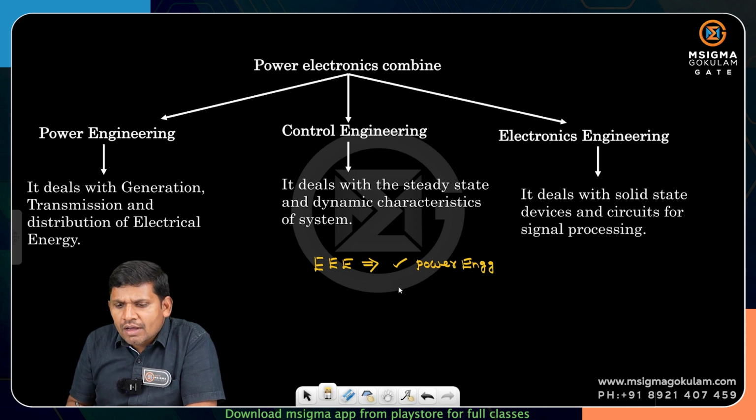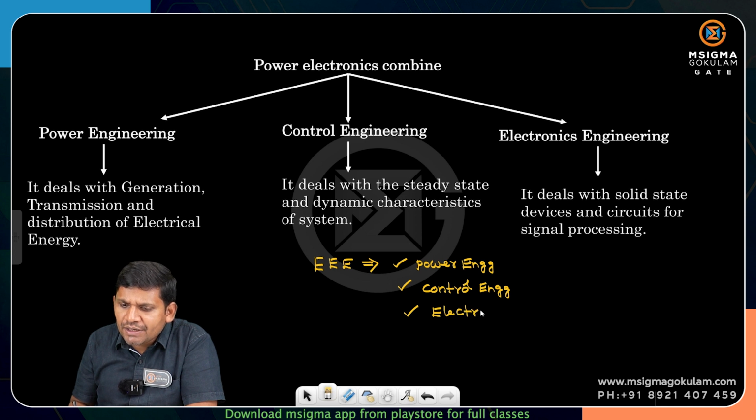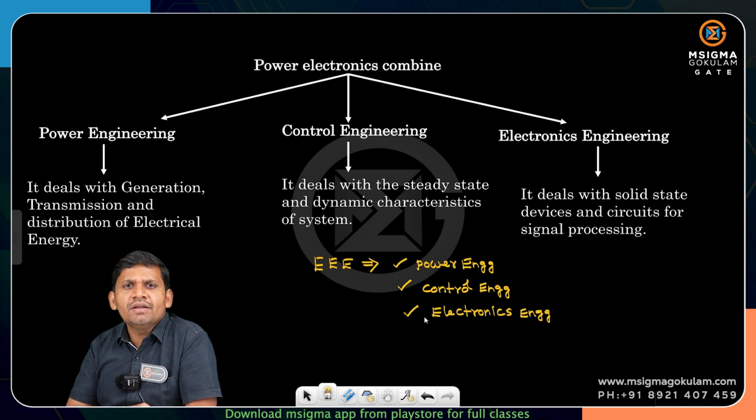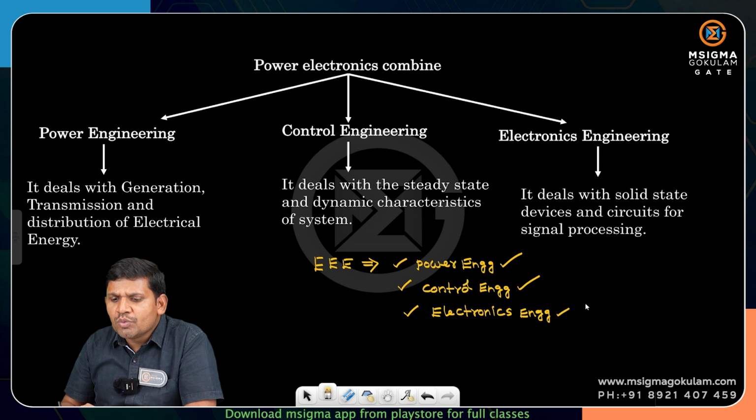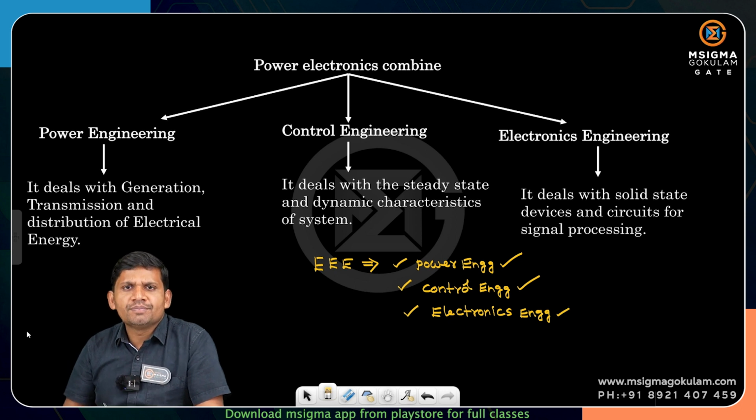Another one is control engineering. Third one is electronics engineering. That means those who studied or are studying electrical and electronics engineering are eligible for power engineering, for control engineering, and also for electronics engineering.